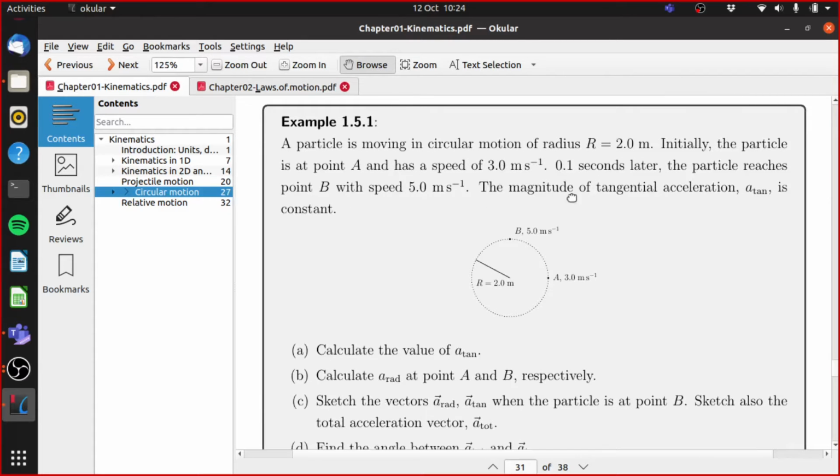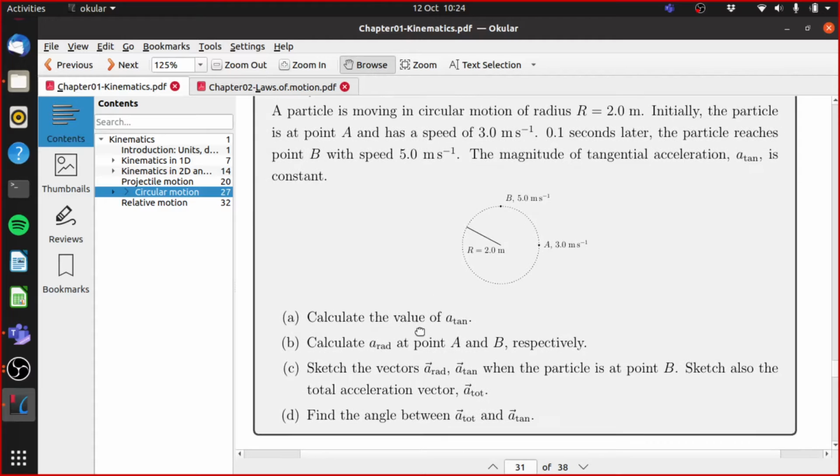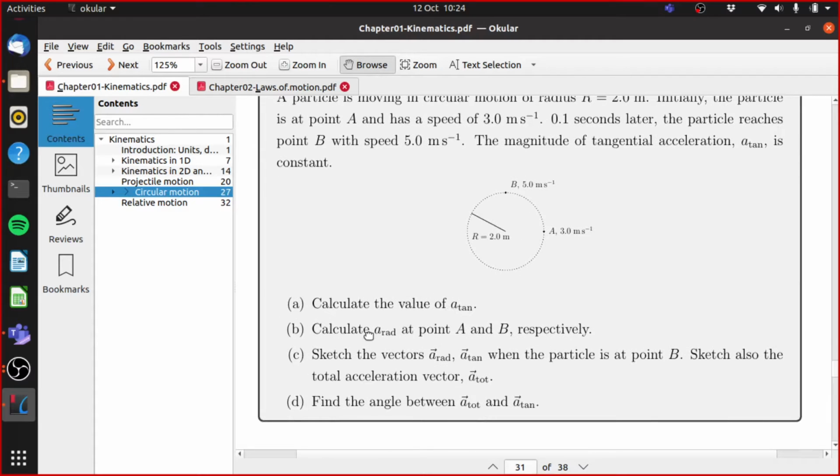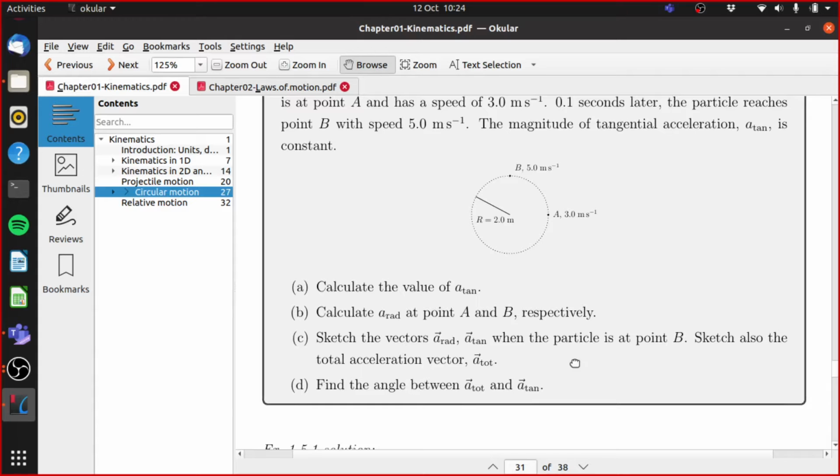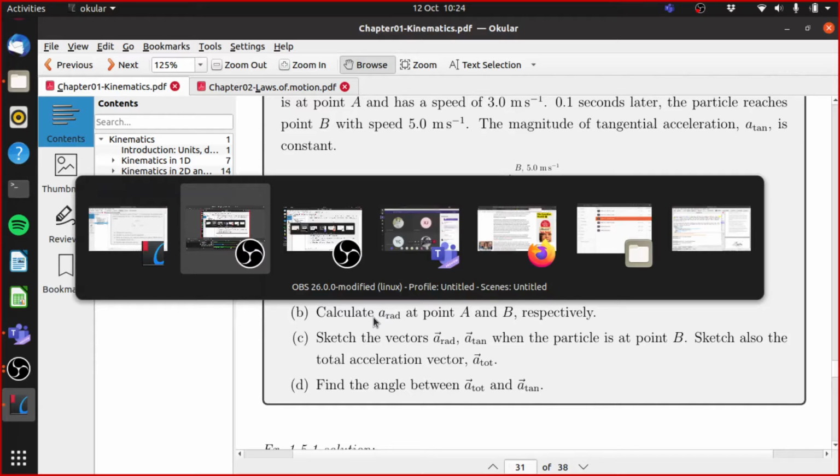And then 0.1 seconds later, it is at point B with this. Then the magnitude of tangential acceleration is constant. So based on this information, we are able to determine this magnitude. So we can solve part A, and then we can calculate the radial acceleration at A and B respectively, and then we can sketch the vectors when it is at point B. Okay, so let's do that.